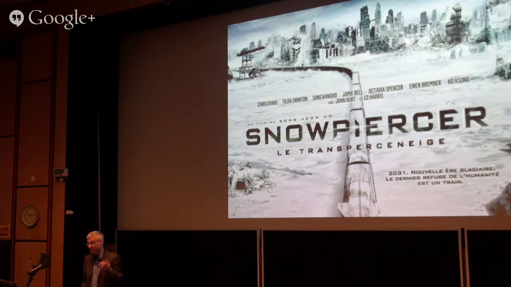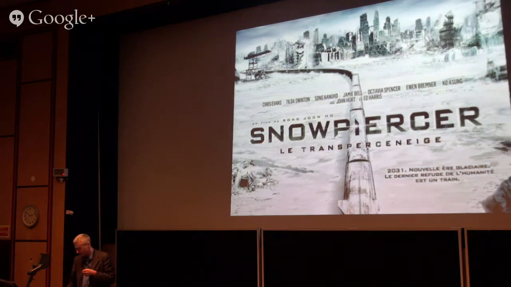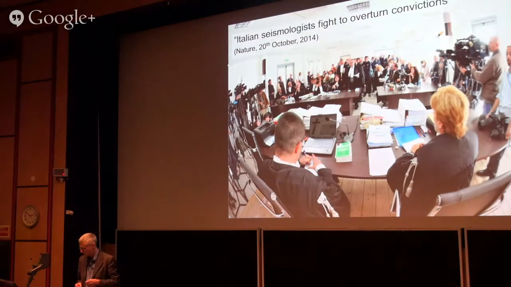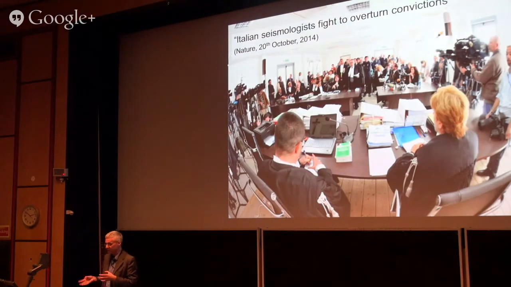We've already seen foreshocks of this with court battles in Italy over the potential liability of seismologists for earthquake forecasting. How much sharper would such battles become if the topic was not just advice or forecasts, but deliberate and active interventions in the climate? In this context, ethics and science cannot be disentangled.